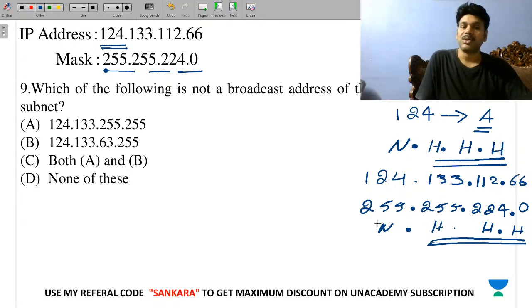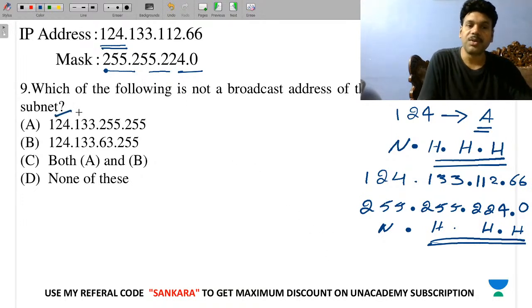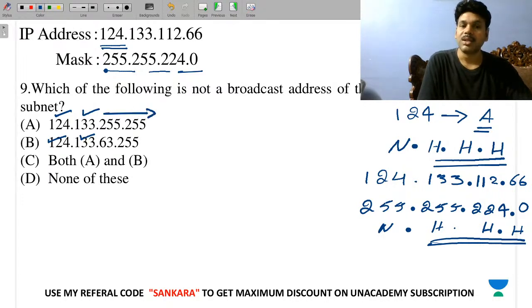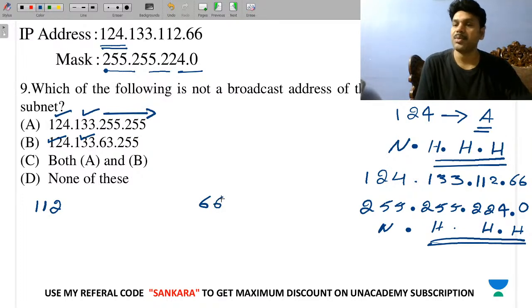So let us cross check once. 124, 133. Now we need to cross check the last two octets, my dear friends. Now you see 112 and after that 66. You write them in binary so that I can see whether the subnet broadcast address appears in this or not.